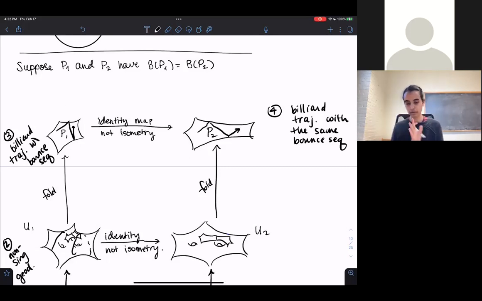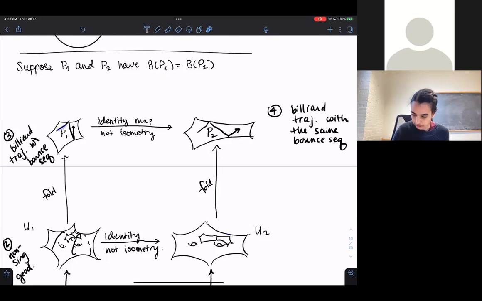I don't know what it looks like, but it hits the equivalent edges in the same order. Now I can lift that here. And the way that I'm going to lift it is I'm going to see how this non-singular geodesic projected here. So I'll take one tile that non-singular geodesic runs through. And I see where that part of the billiard trajectory is sent.